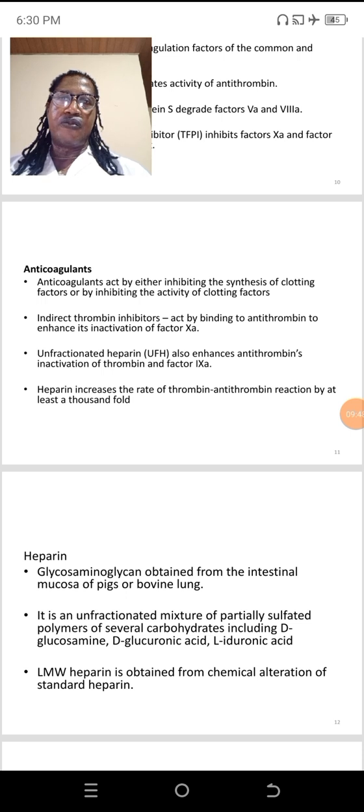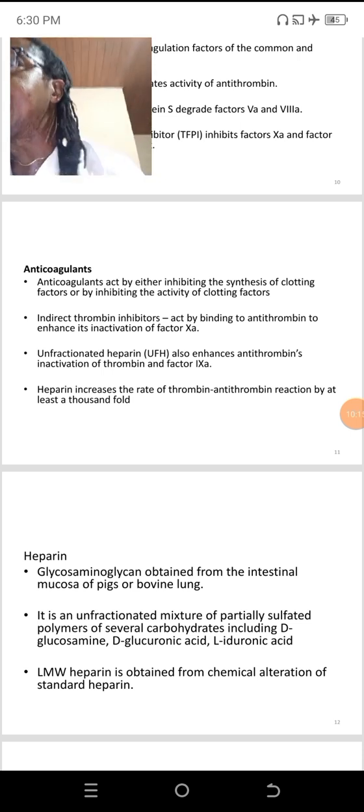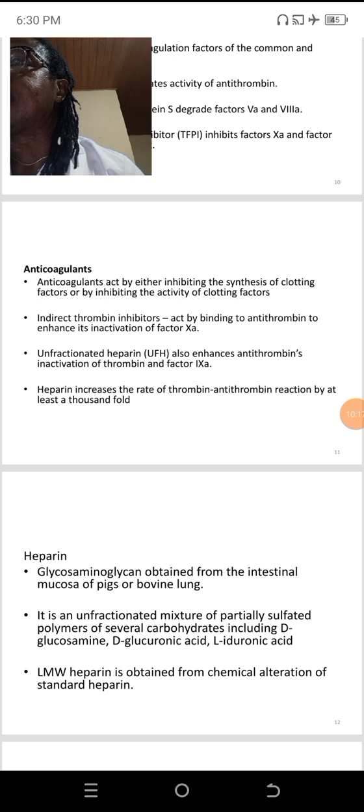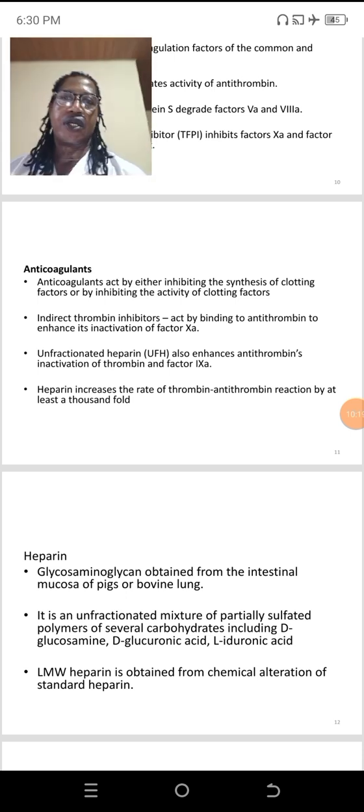The indirect thrombin inhibitors act by binding to antithrombin to enhance its inactivation of factor 10A, whereas the direct thrombin inhibitors, just as their name implies, act by binding to thrombin. They inhibit thrombin directly. So that is why they are direct thrombin inhibitors.